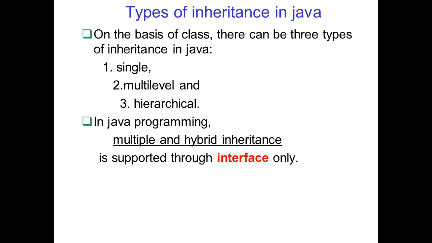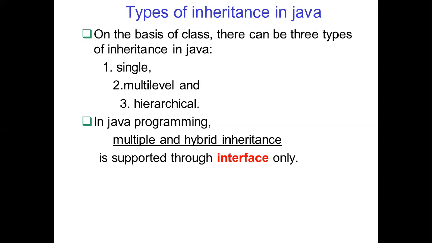See, C++ directly supports single, multi-level, hierarchical, multiple, and hybrid inheritance. But Java supports single, multi-level, and hierarchical directly.